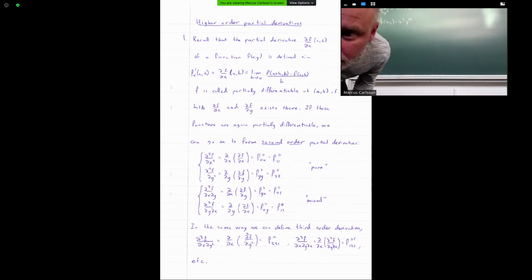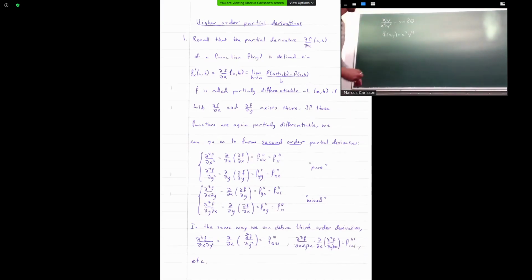Okay. Right, f is x to the power of 3, y to the power of 4. Then df dx is a new function of x and y, just obtained by differentiating in the x variable, right?